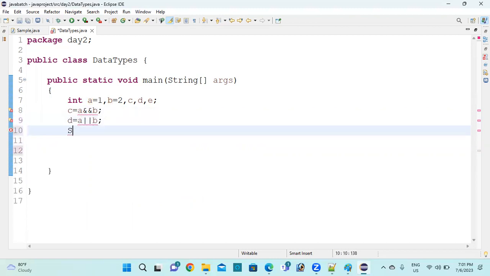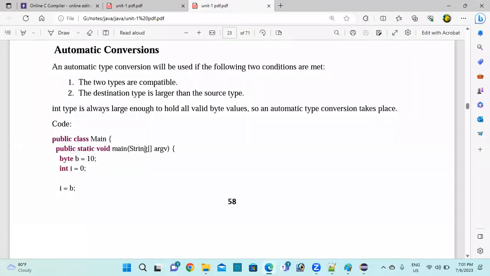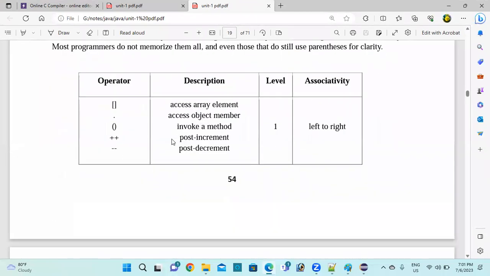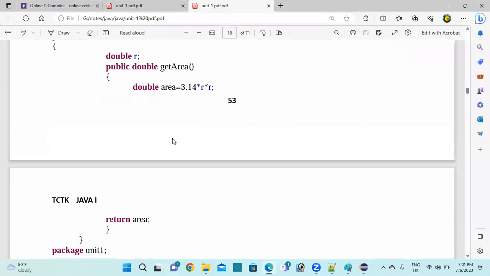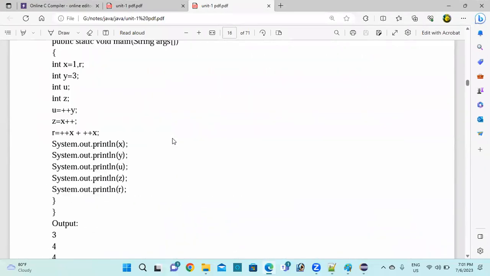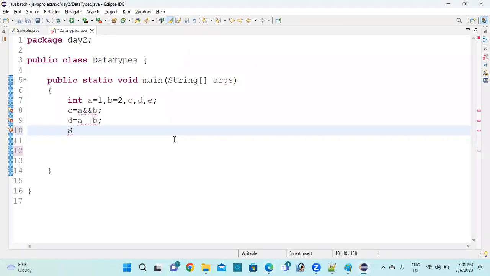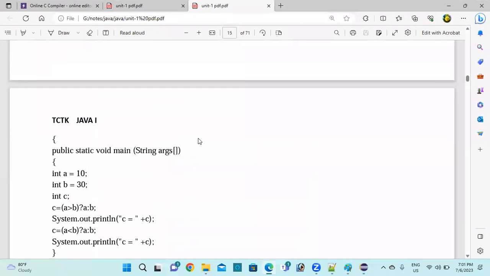Okay. Why is it showing error here? What is the type of operator here? Logical only, right? C equals 0. Okay, now I'm not seeing that one. One second.